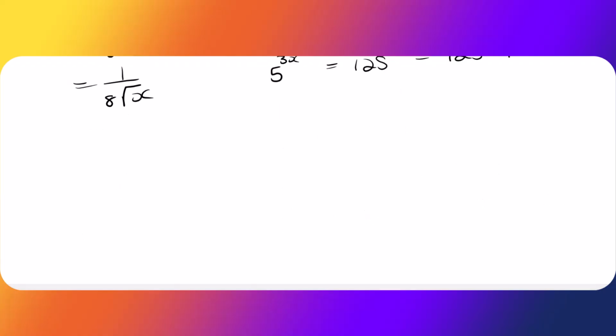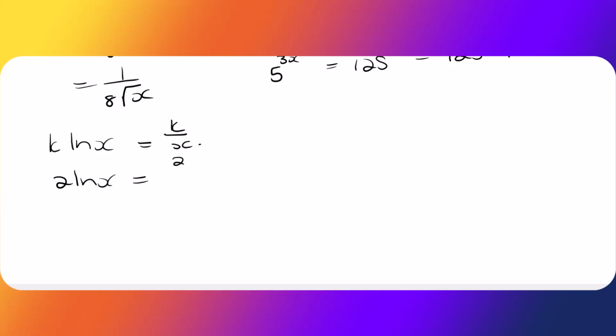If we look at law number 3, there's k ln x. When they differentiate, they give you the answer k over x. Okay, what we do, we have 2 ln x. I taught my students this: whatever is standing in front of the ln is on top. What's behind the ln is at the bottom.